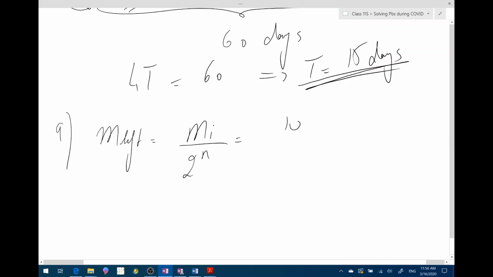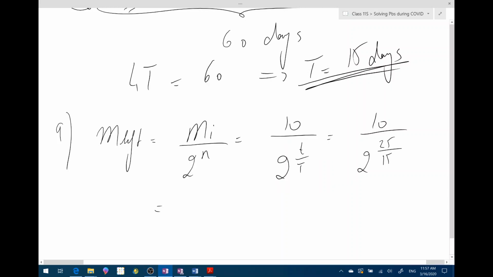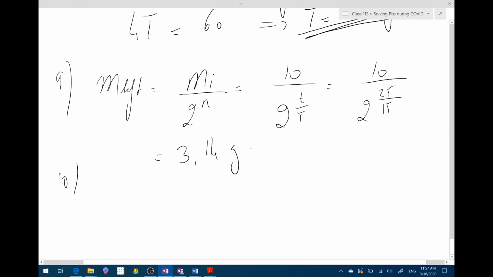The initial mass is 10 grams over 2 power t over T, where t is the total time I need, 25 days, and one half-life T is worth 15. And the answer would be 3.14 grams. This is the mass left.